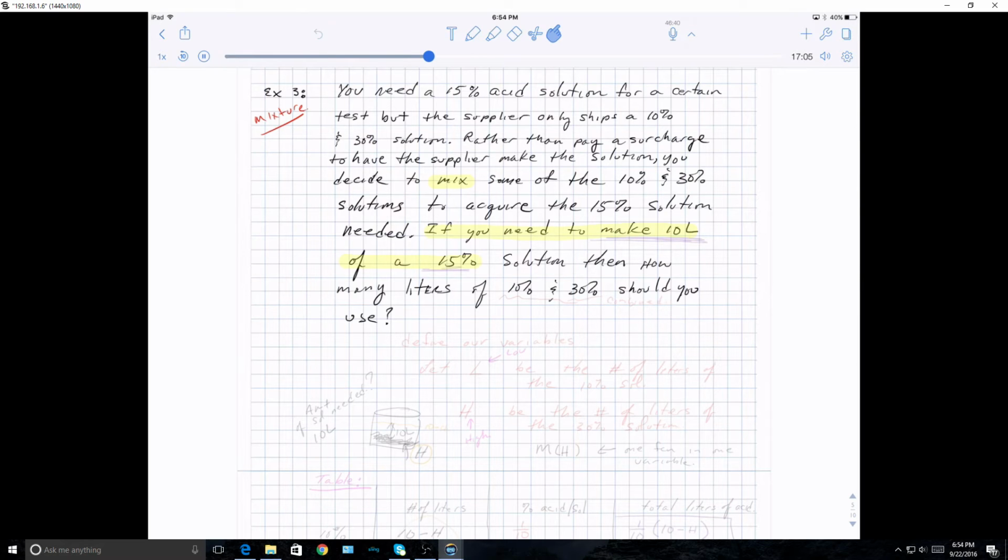And what are we going to need to make it? Well, some amount of these two solutions combined. So that tells us what we can do, and we can define our variables.